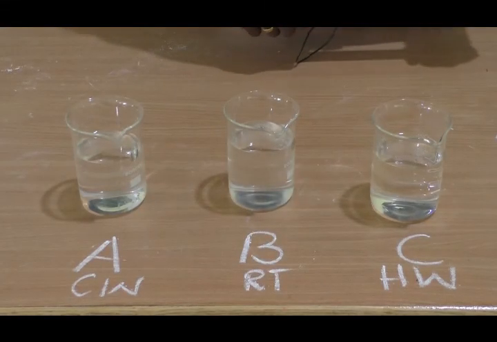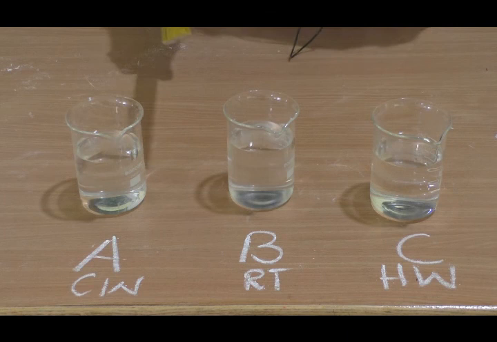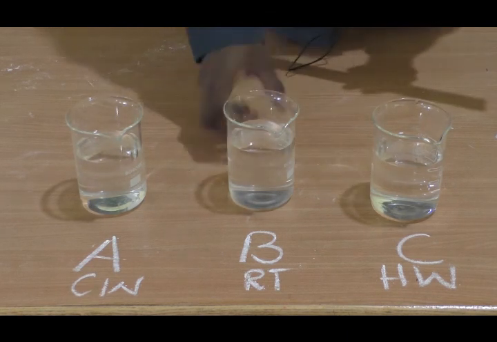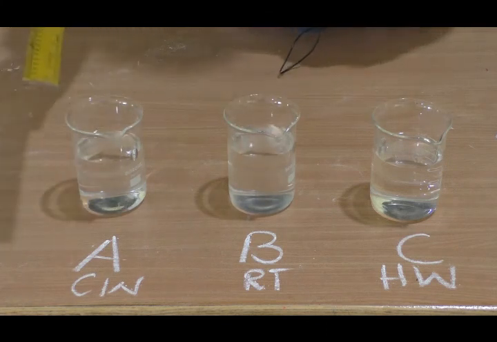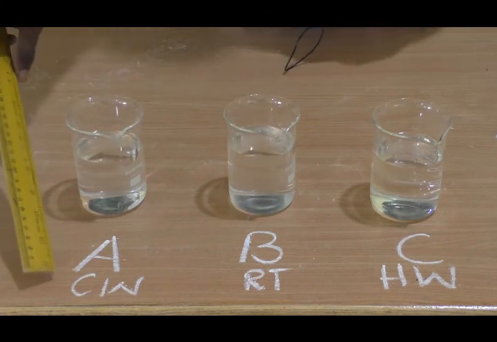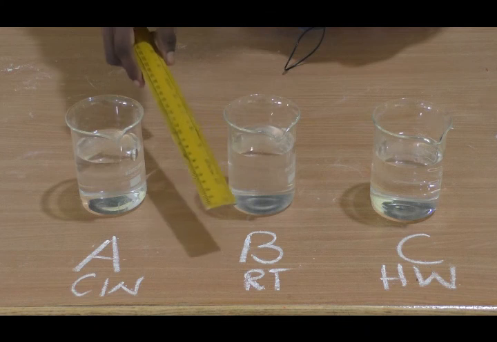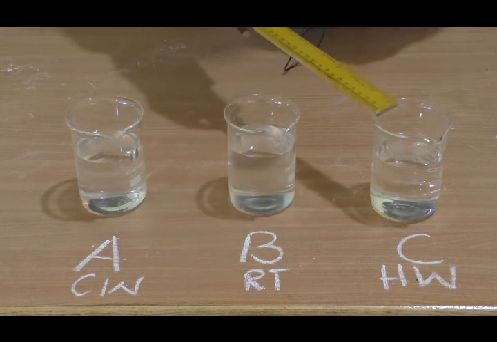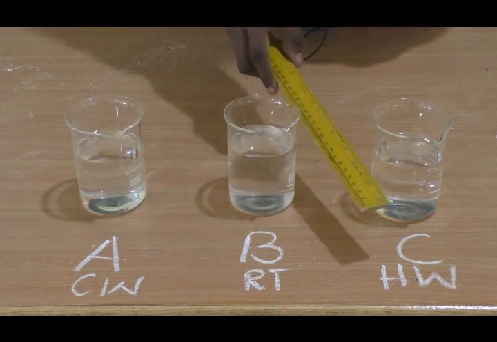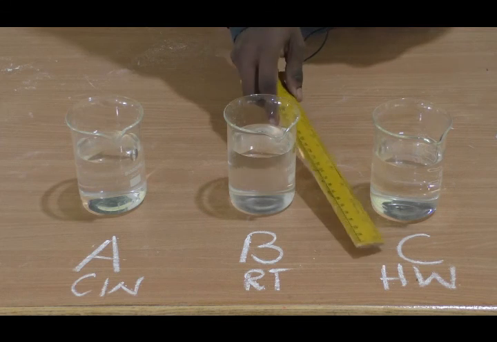Children, now you can see this activity. There are 3 beakers, A, B and C. A is filled with cold water, B with water at room temperature, and C is filled with hot water.